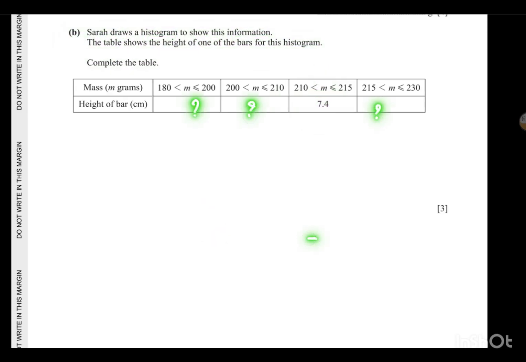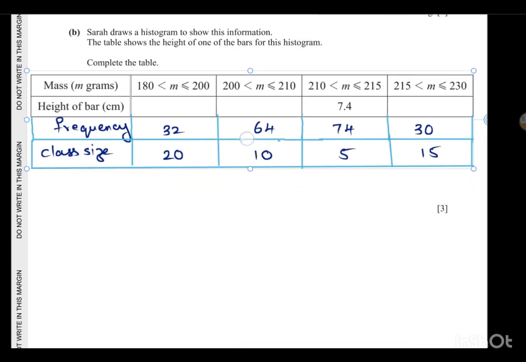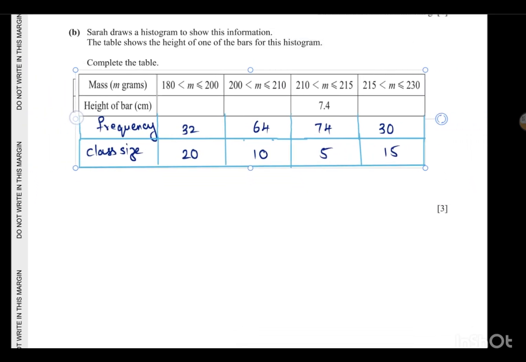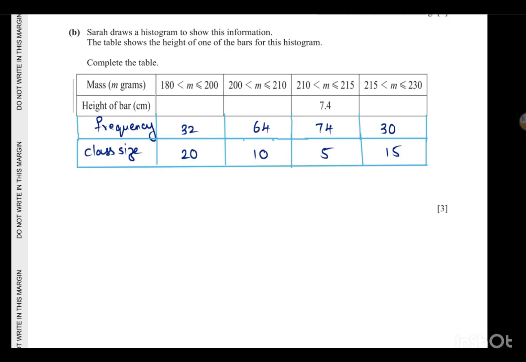So for this I have made a table here so that it will be easy for us to find out the other height of the bars. So now in this you can see here the frequencies, we know the class size of each. Now we will find out the relationship between the frequency density and the height of the bar.